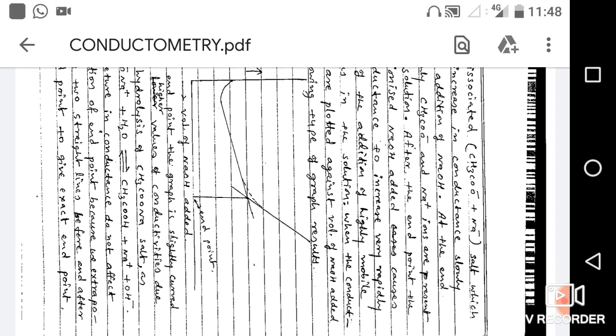So this is about the conductometric titration between a weak acid and a strong base. We'll get such a nature of graph.